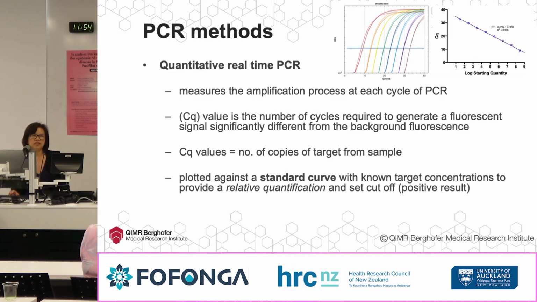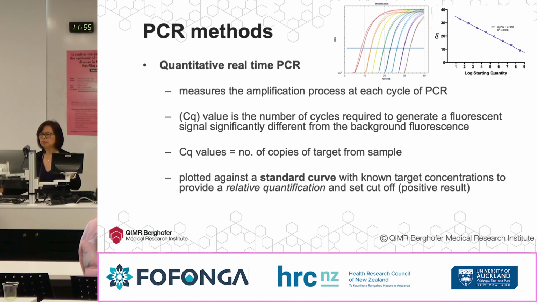Another improvement of this is called quantitative real-time PCR. So this one is a significant improvement because the first one, you look at the end point of the cycle, like you make 40 cycles, you get the endpoint PCR in an agarose gel.